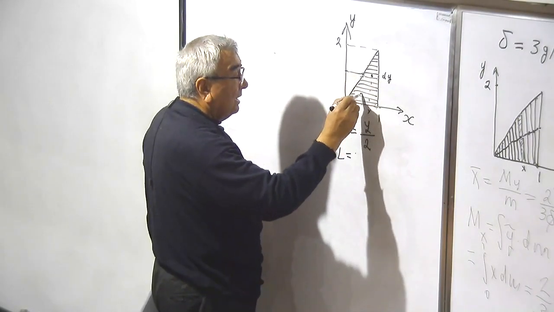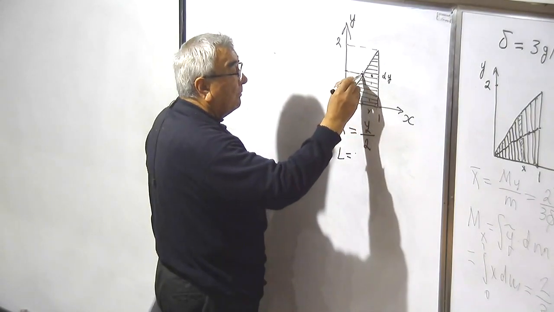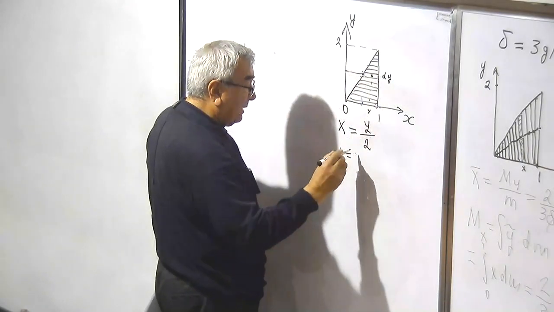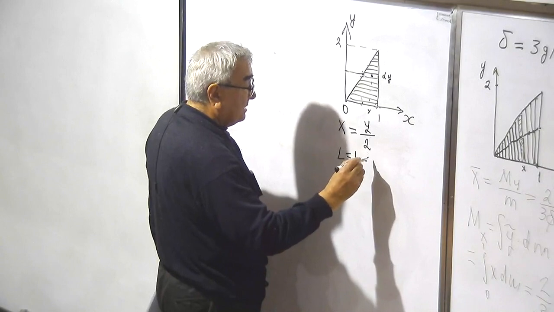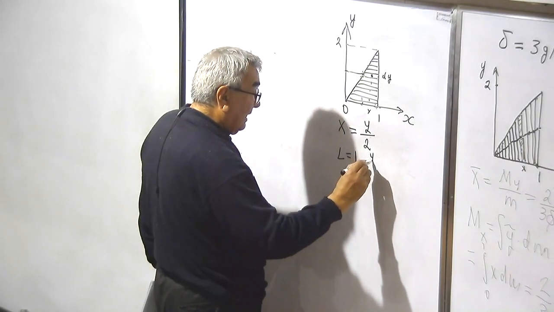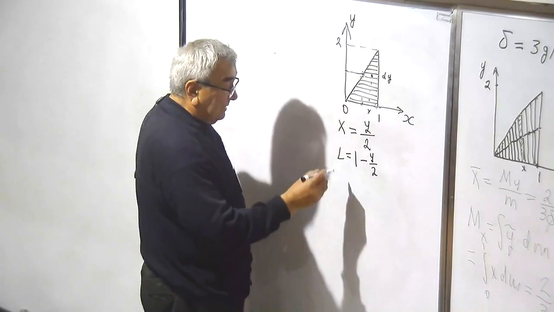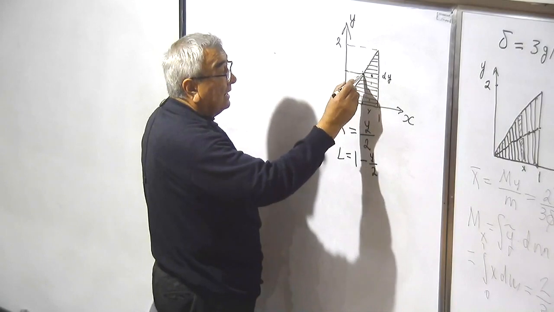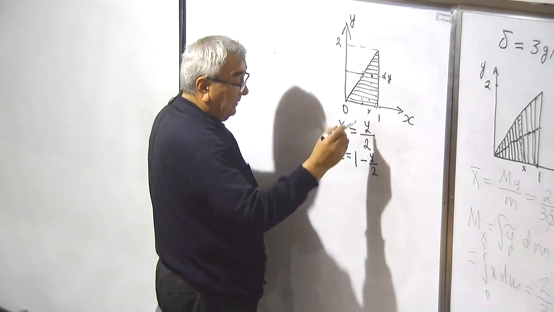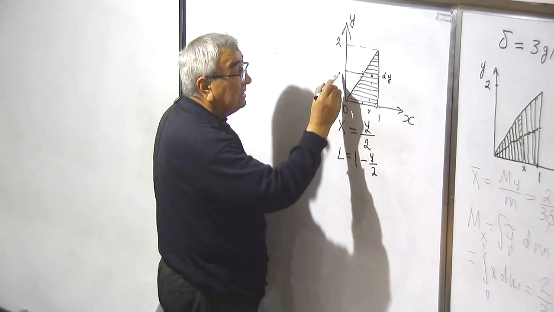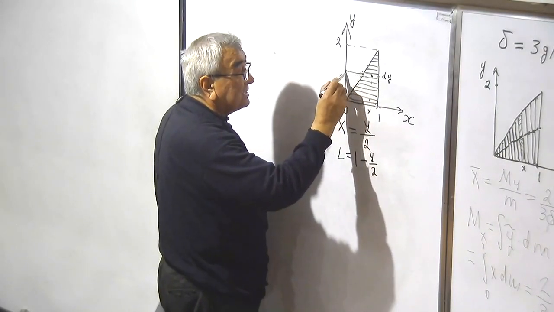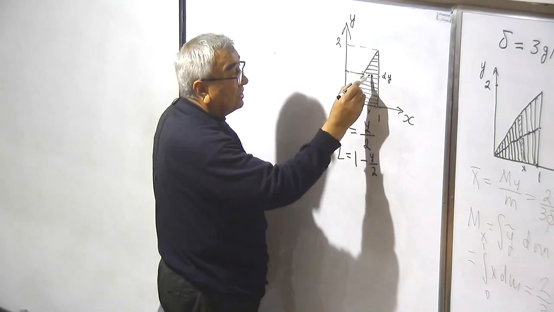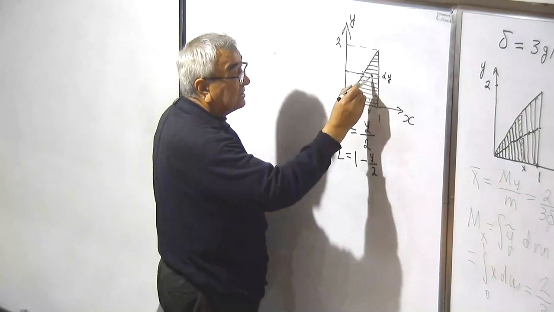You see, this is the relation between this x and this curve defined by this equation. Therefore, the length is 1 minus y divided by 2. The length of this part equals 1 from the total distance, from which I must subtract this distance, which should be y by 2, because it coincides with the center of mass of this strip.